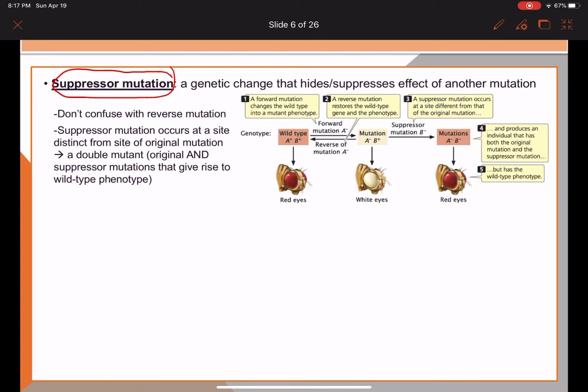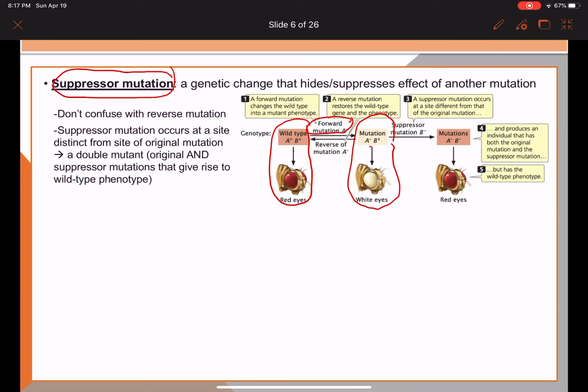Now, don't confuse this mutation with reverse mutation because they are two different things. You have the wild type here, for example, that makes red eyes for fruit flies. Forward mutation means that you are turning the wild type into a mutated type. So from red eyes into white eyes, that's a forward mutation.